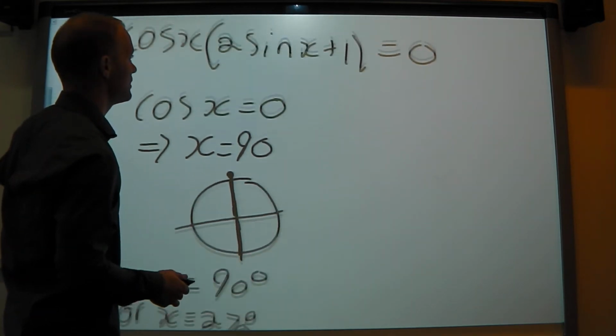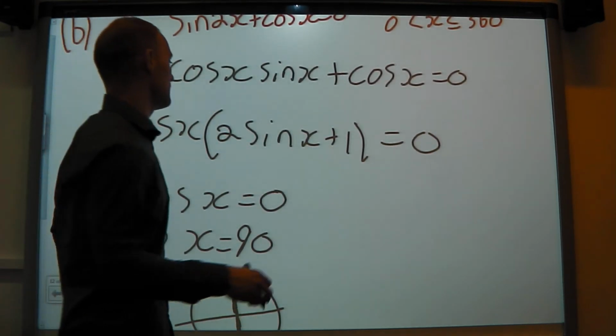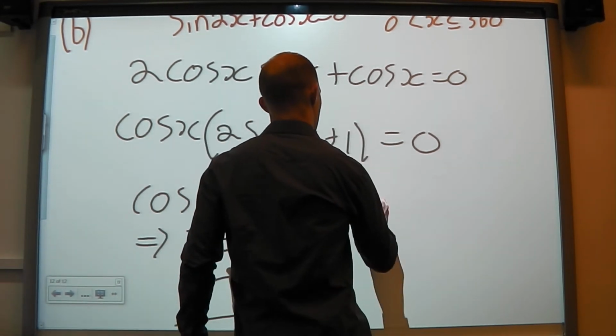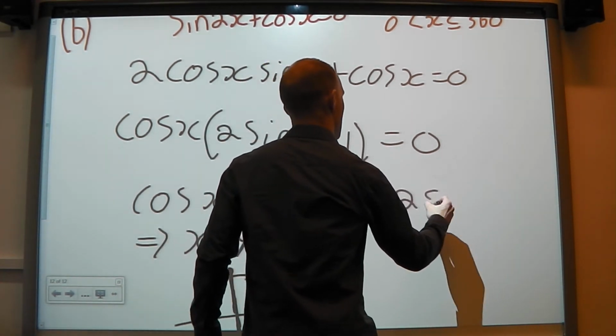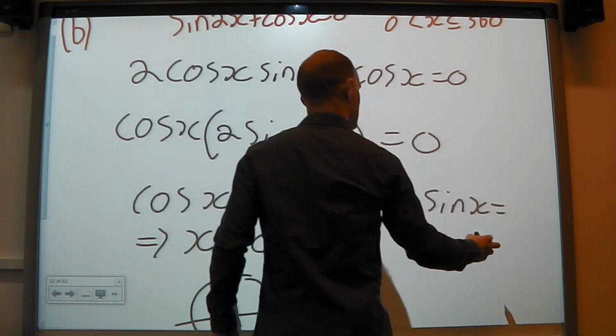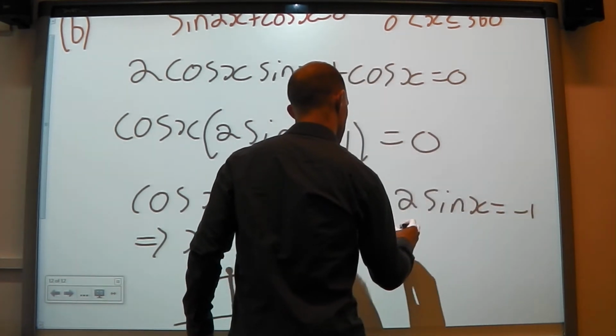So now we just go back to our 2 sine x plus 1. That implies that 2 sine x is equal to negative 1, which implies sine x is equal to negative a half.